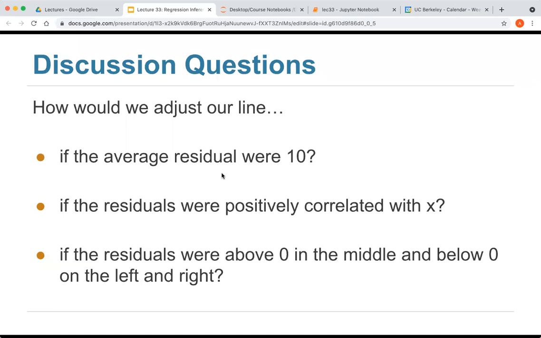What if the residuals were positively correlated with your given variable? Again, this should say errors rather than residuals. If somebody tells you, I've done a regression and I've got residuals and they're positively correlated with my X, there you go.